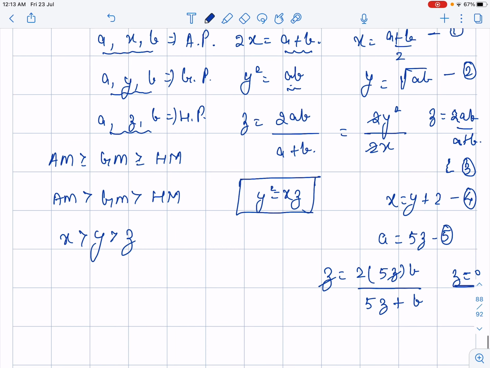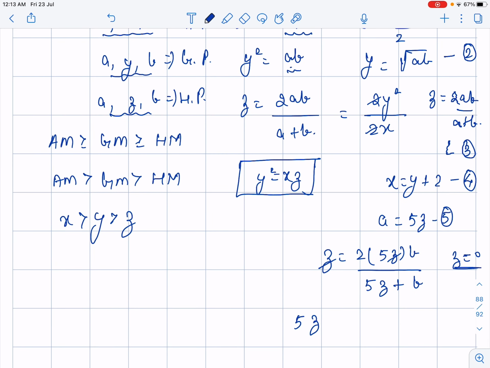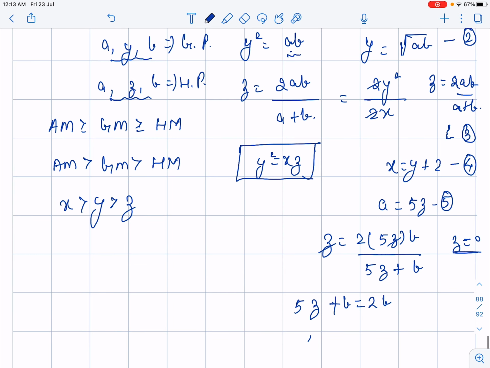Now proceeding further, we have 5z plus b is equal to 2b over here, or we may write 5z is equal to b. I got the relationship between 5z and b.